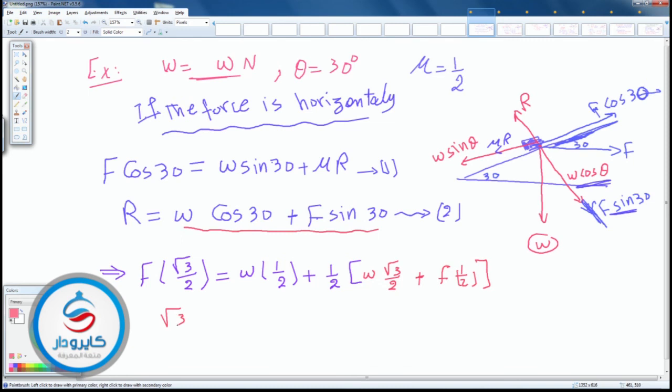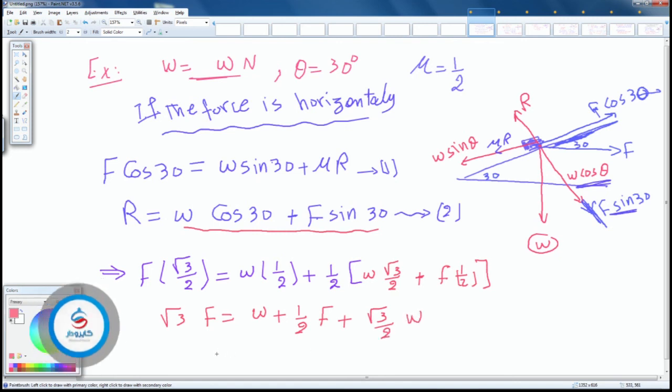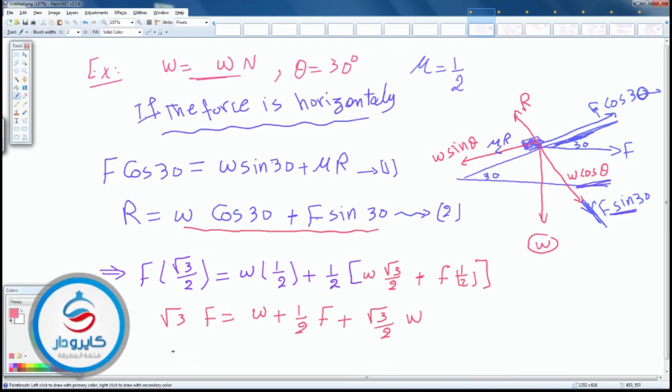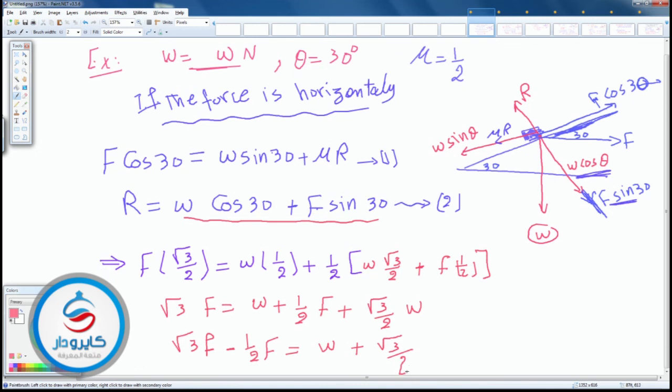Now we get that root 3 F equals W plus half F plus root 3 over 2 W. Now we have root 3 F minus half F equals W plus root 3 over 2 W.